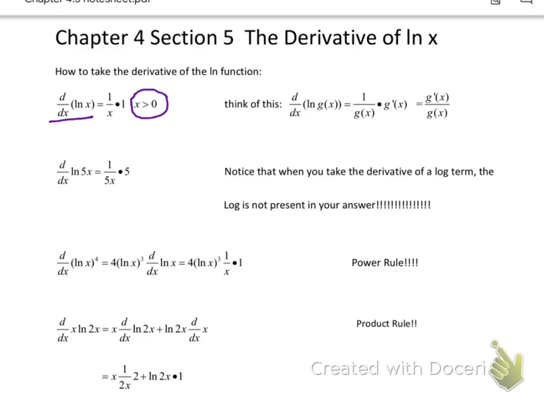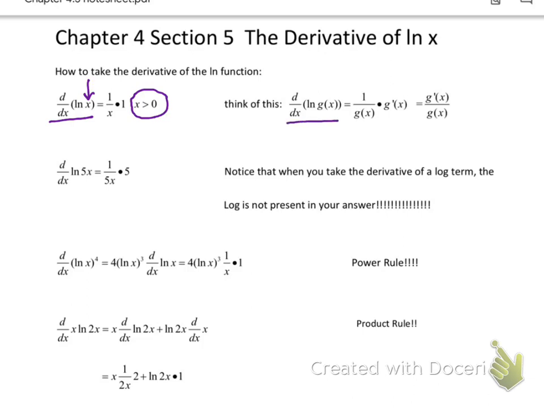Secondarily, when you take the derivative of natural log of x, your derivative is 1 over whatever is behind the natural log term times that derivative. So I want you to think of it this way.